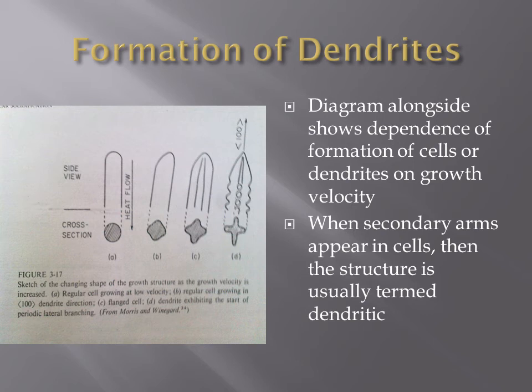A Maltese cross can be seen a little bit in the diagrams B, C and D, all three of these, but the intensity of the Maltese cross increases as we go from B to C to D. As growth rate increases still further, the cross structure first becomes more apparent and then serrations begin to appear in the flanges of the cross. That is, secondary dendrite arms become discernible. What we can see in diagram D is that secondary dendrites are coming out. Those serrations can be seen very, very clearly.